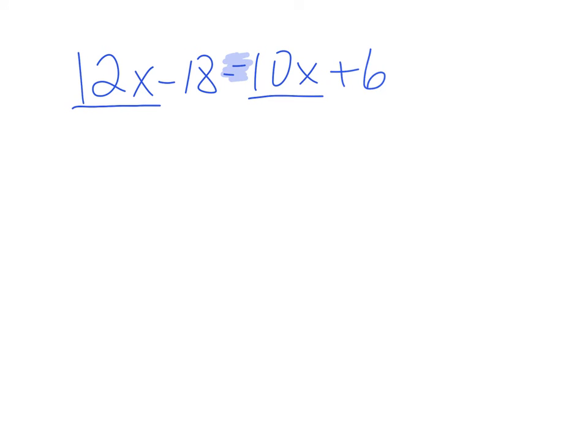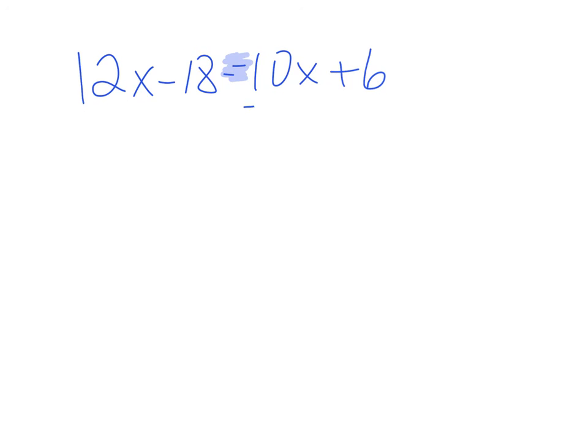They're not on the same side of the equation, so I can't just put them together the way that they are. Instead, I'm going to have to change the sign of one in order to move it to the other side. Since this is a 12x and a 10x, I usually prefer to move the smaller one. So I'm going to take the 10x and move it to the other side.